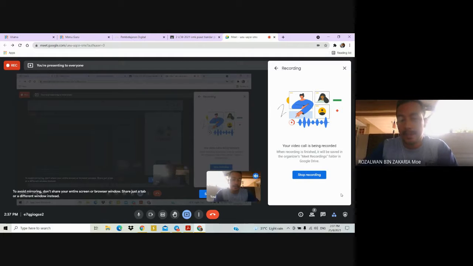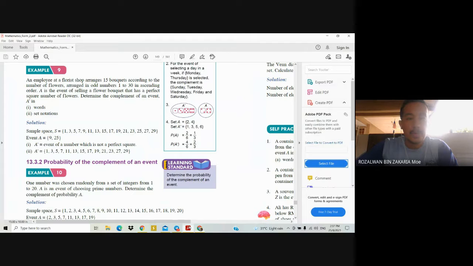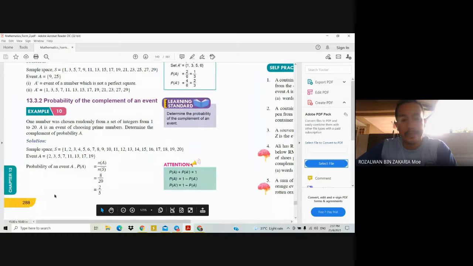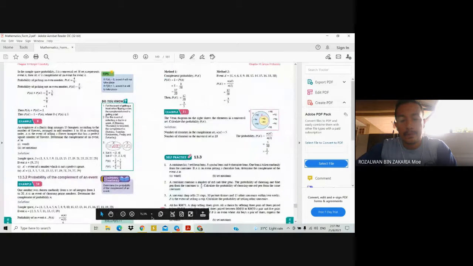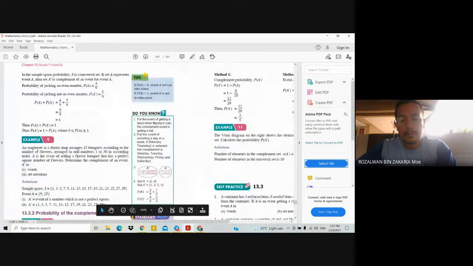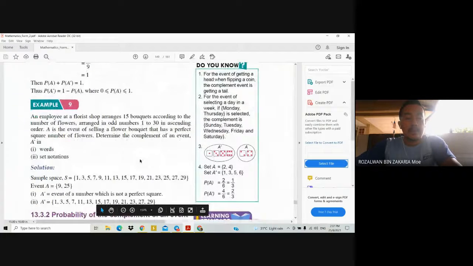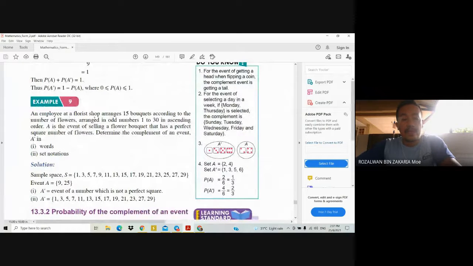Okay, for maths lesson today, I will continue this discussion about example 9. So please open your math textbook, page 288. Okay, so this example 9 question is: an employee at a florist shop arranged 15 bouquets according to the number of flowers arranged in odd numbers 1 to 30 in ascending order.